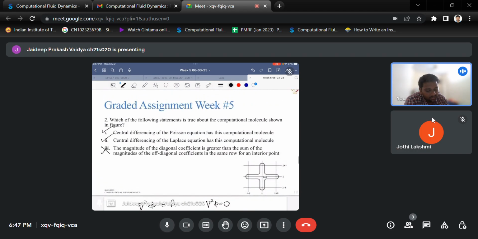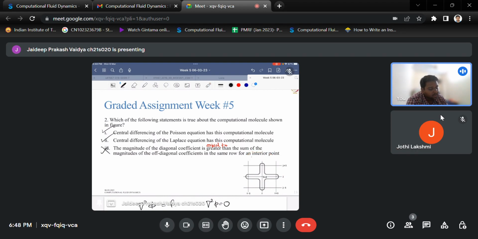The magnitude of the diagonal coefficient is equal to the sum of magnitudes of the off diagonal coefficients in the same row for interior points. This statement holds true if you are doing it for boundary points.